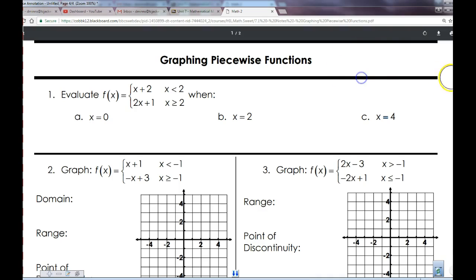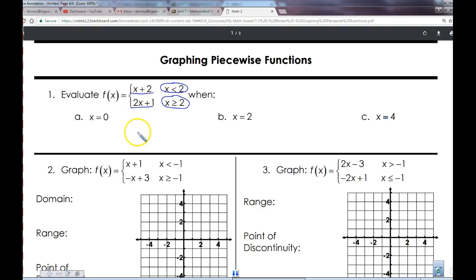Instead here, we've got a piecewise function, and this is telling us it's two pieces. Part of it is x plus 2, the other part of it is 2x plus 1. And this gives you the condition for when that graph is which one. When x's are smaller than 2, the graph looks like the line x plus 2. But when x's are greater than or equal to 2, the line looks like 2x plus 1.